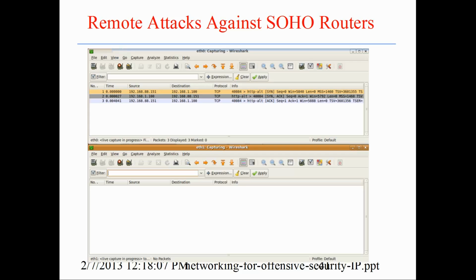Now this is a problem because the router's configuration web page that it hosts, you typically type 192.168.1.1 or .0.1 depending on the router in your web browser, and it'll serve up the management web page for that router, should only be accessible to the local area network and should not be accessible to people out on the internet and people on external networks.